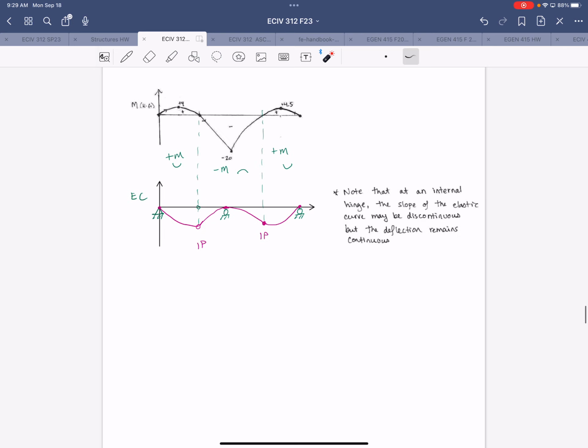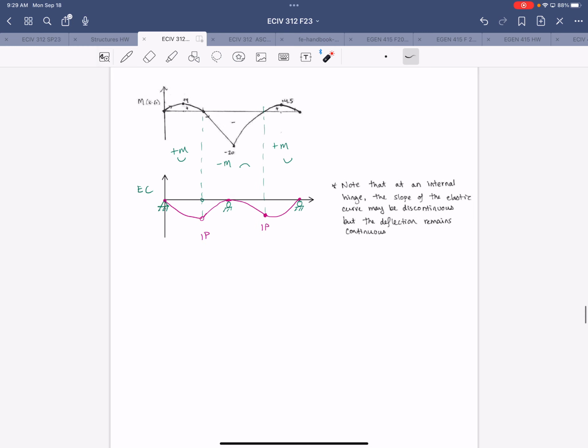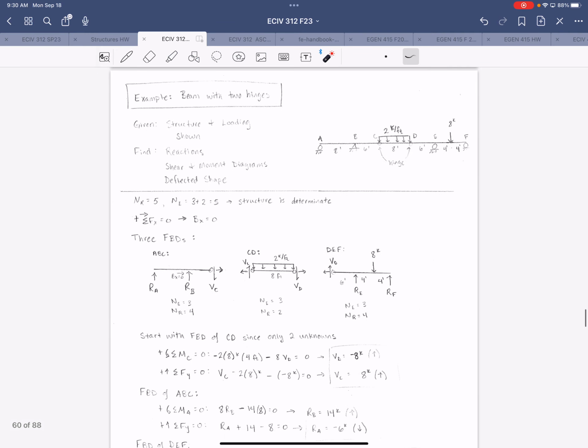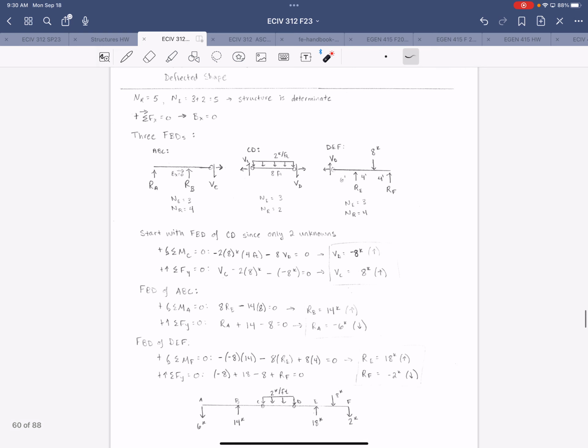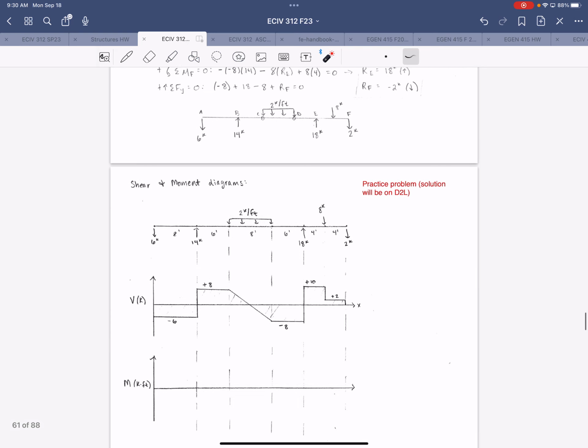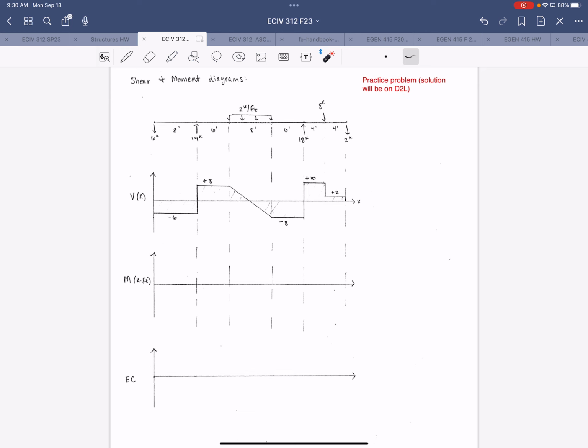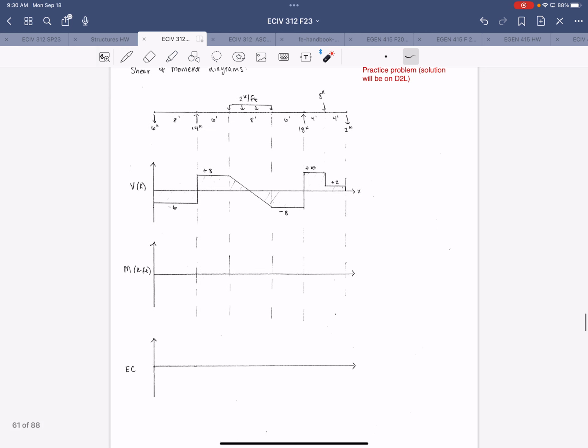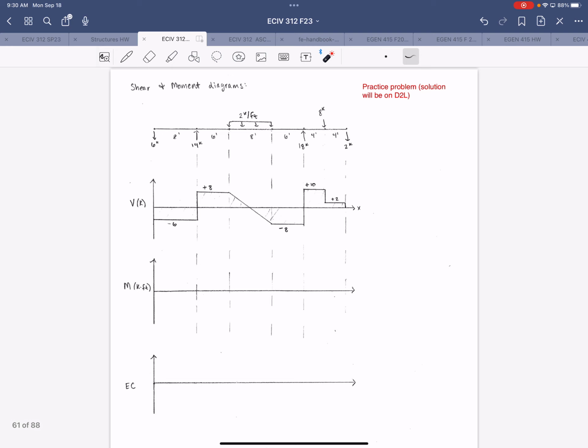All right, so next, I'm going to have you practice. Here's an example of a beam with two hinges. This shows the process of finding all the reaction forces, and then the shear diagram is drawn here. So here's my first challenge to you.